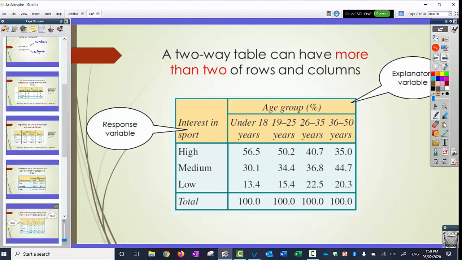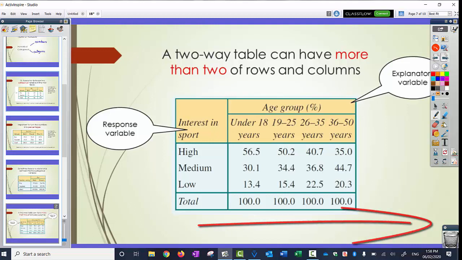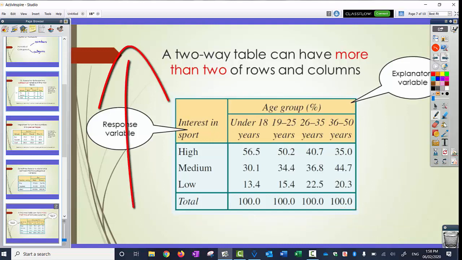By the way, another thing that I need to tell you is that, do you remember the explanatory and the response variable from yesterday? Explanatory is the one on the horizontal, the response is up the side, X and Y. This is the explanatory, and this is the response this way. So think of that as being the X-axis across there and the Y-axis up there.